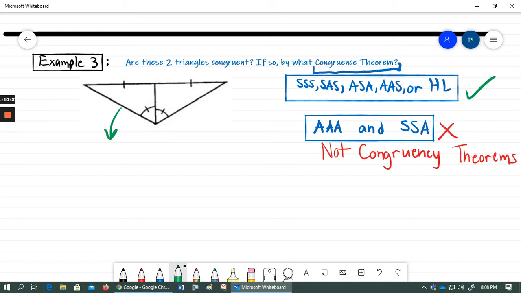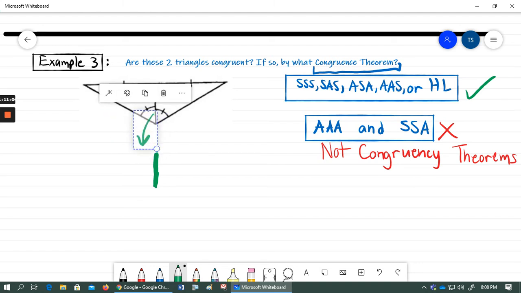So again, with this right here, let's look at what we got. Let's look at what we don't got. Notice how for these two triangles, there's a side in the middle. That is technically a shared side. It's technically the same side, and it's a shared side between those two triangles.